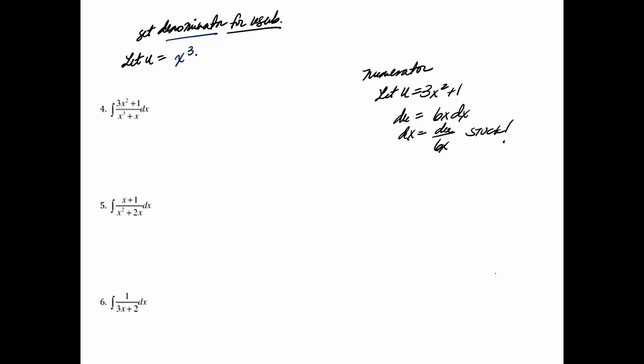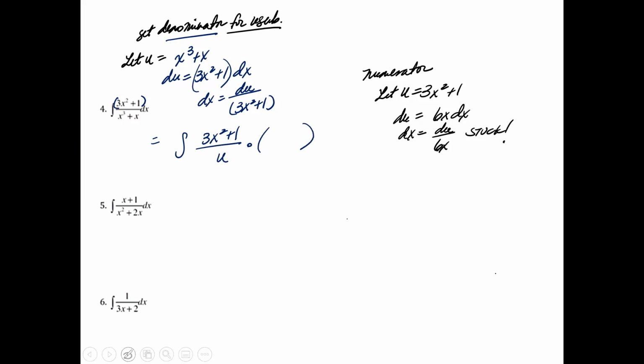Let u be x cubed plus x. Your du is 3x squared plus 1 dx. And that's perfect because look, if I solve for dx, it's going to give you du divided by 3x squared plus 1. And that's exactly what I want to cancel the numerator. So then my integral is 3x squared plus 1 over u times, go ahead and replace your dx with du over 3x squared plus 1.